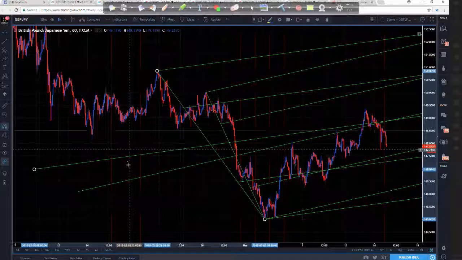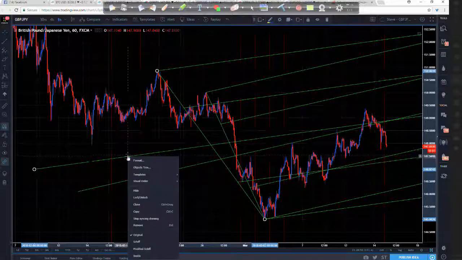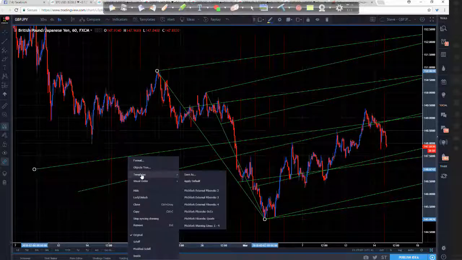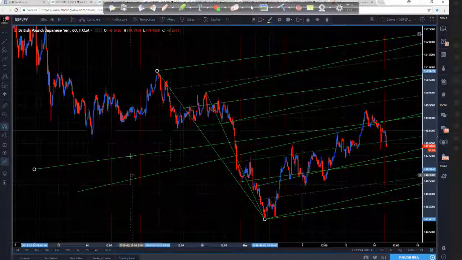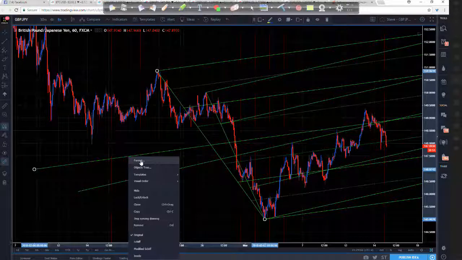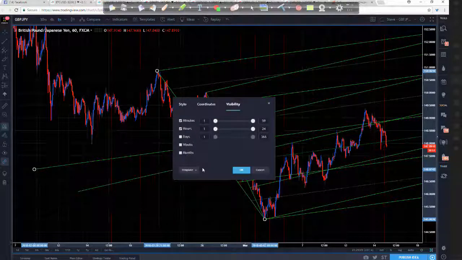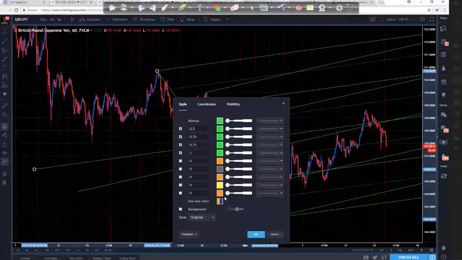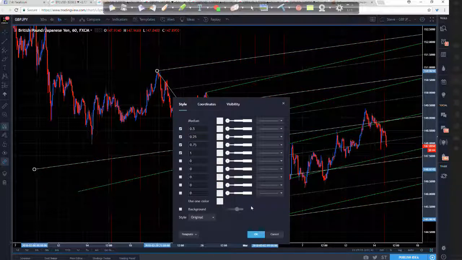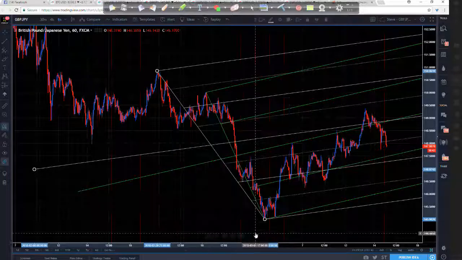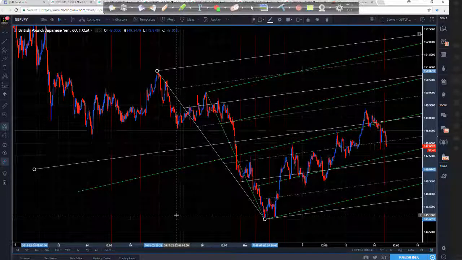Tell you what I'm going to do though, before I do that, is I'm going to go ahead and put a few more lines inside that, and then I'm going to come along and change its color. I'm going to go with kind of just a muted white to get it in there, so you can see it's just a little bit different.